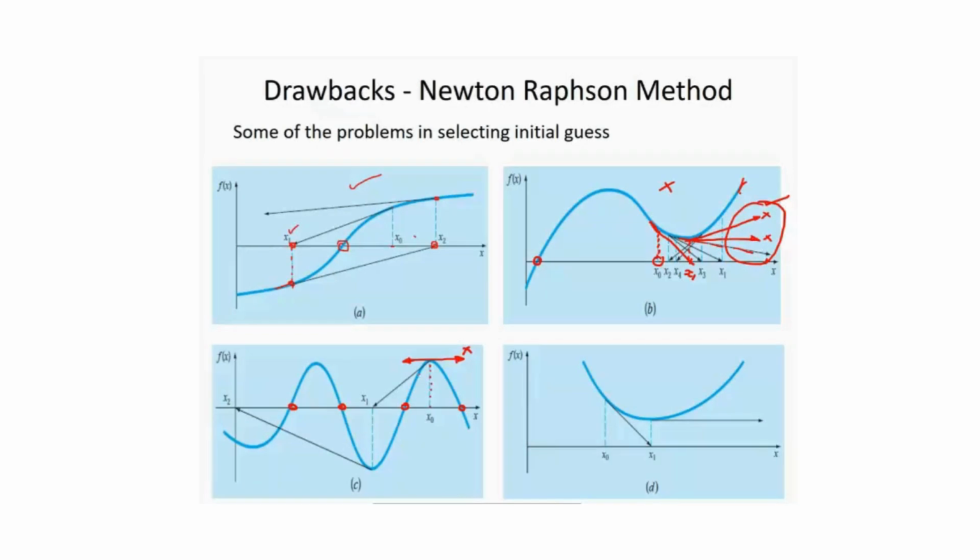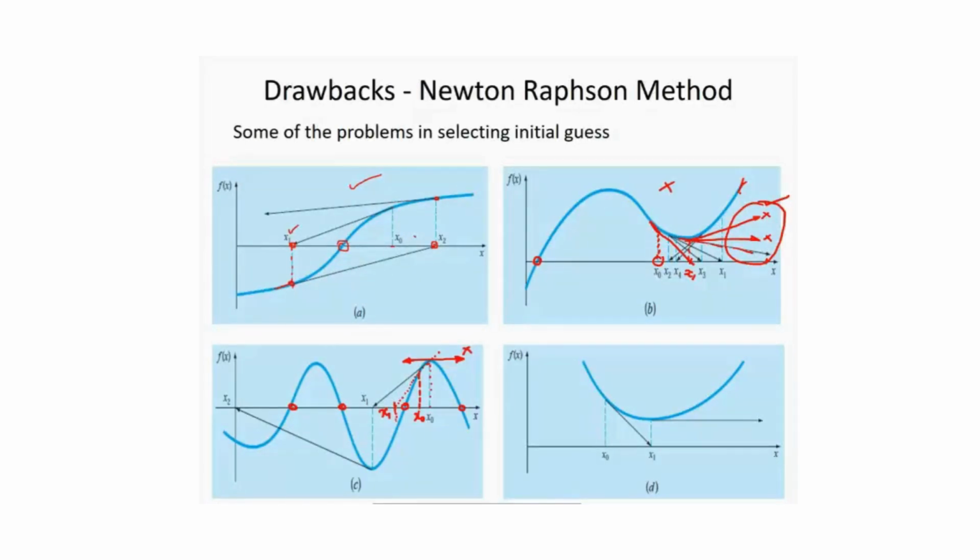For example, if you select here, say this is the x naught value, the tangent is like this. It is touching somewhere here. The new root value is, say, x1. So this is the tangent, touching x1.